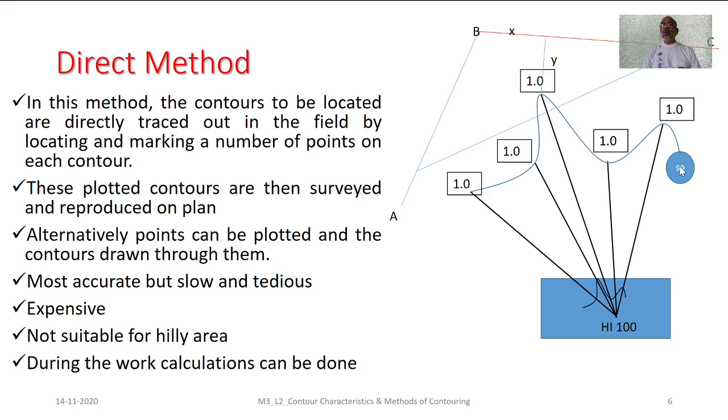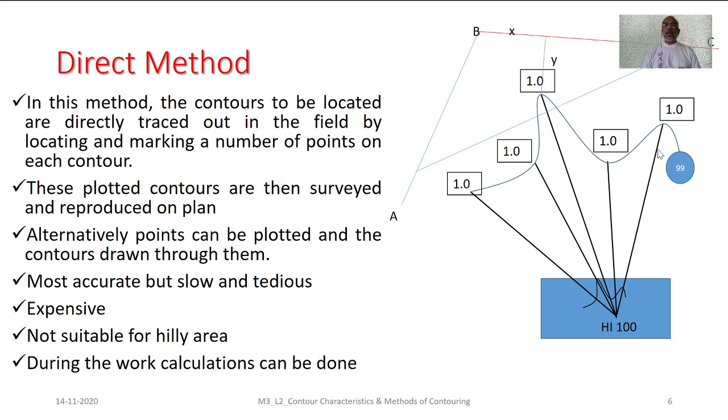Now as we do so, by making use of the construction of height, we can actually draw this particular contour on site. As this contour is traced on the field, subsequently or even simultaneously, you can make use of another method in order to plot the position of this traced contour on the ground.